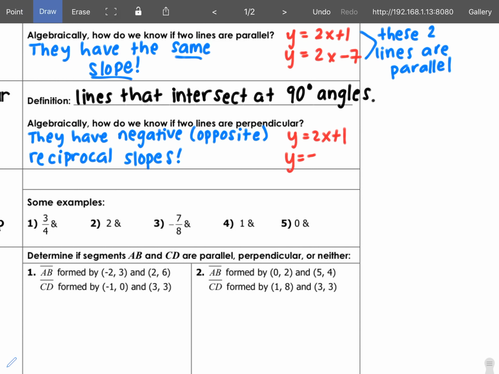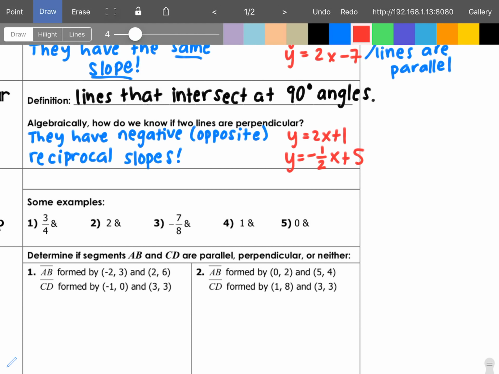I'm going to put a negative, and reciprocal is the flip. So 2 flipped is 1/2. I'm going to put negative 1/2 x, plus 5, minus 100, plus 0, it could be anything, as long as these two slopes are negative reciprocals. It doesn't matter what the other pieces of the equation are.